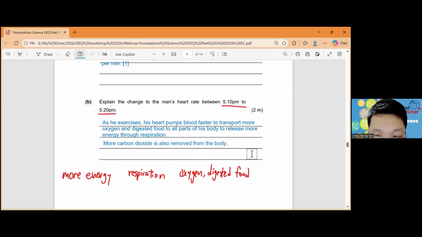So we transport more oxygen and digested food for more energy through respiration. At the same time, more carbon dioxide is also removed. That's the full one. But again, I said carbon dioxide is not really needed for the PSLE. The main thing is the energy for the exercise. But I know some schools will emphasize adding the carbon dioxide.